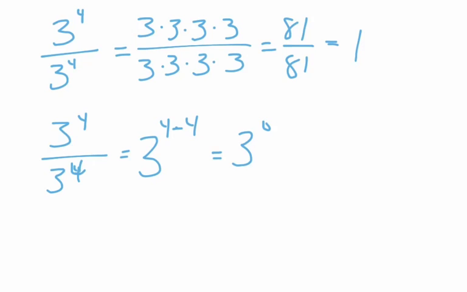And again, as long as both of these processes are algebraically sound, and they are, these have to be equal. Like, they have to be. So 3 to the 0 is equal to 1. And hopefully if you did take me up on that a few minutes ago and you paused the video and grabbed your calculator, it did tell you that 3 to the 0 was equal to 1.